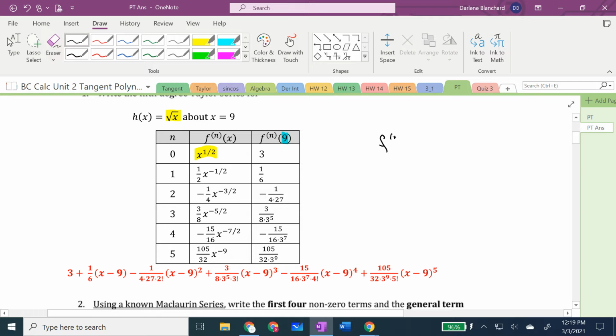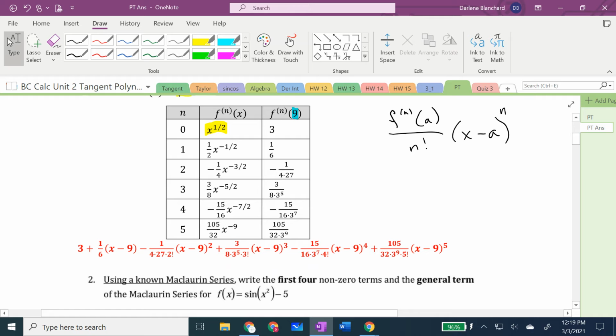Remember that the formula is nth derivative at the center over n factorial multiplied by x minus the center to the power of n. It might help you if you write that down as you're doing the test problem. And then it also helps to remember that the first term is just the value of the function at the center. The second term is just the first derivative at the center multiplied by x minus the center.